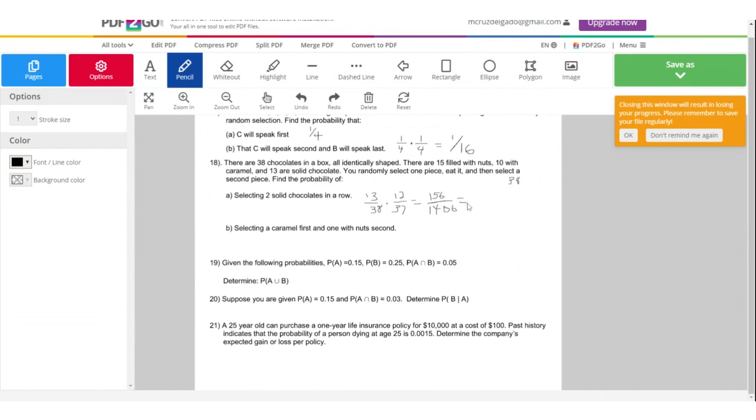It doesn't say what to round them off to, but we'll do it to 3. So selecting caramel, there are 10 with caramel.